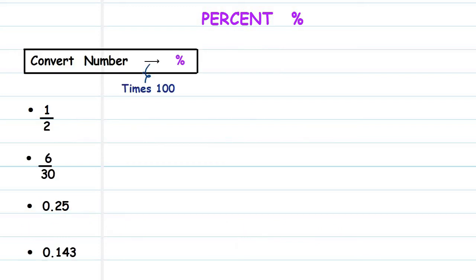Now we're gonna try to convert a number to percent. We can do that by multiplying with 100. Let's say we have half, 1 over 2. We do that by multiplying 1 over 2 with 100, and that's gonna give us 50%.